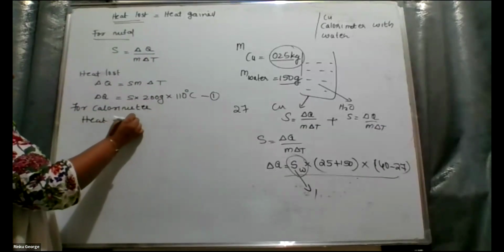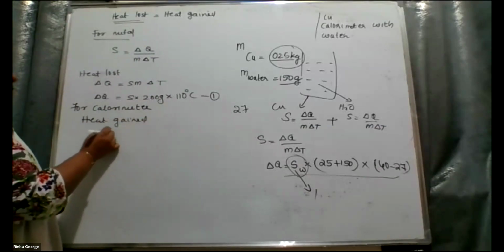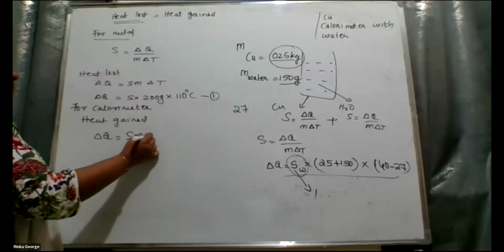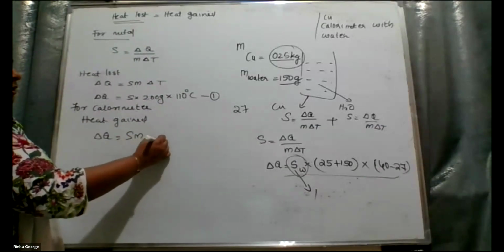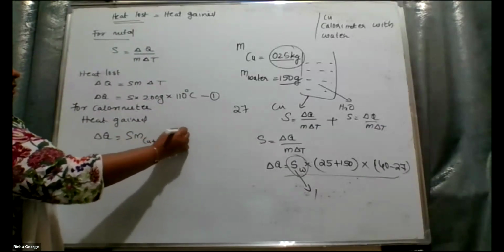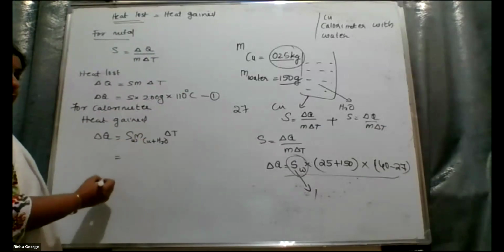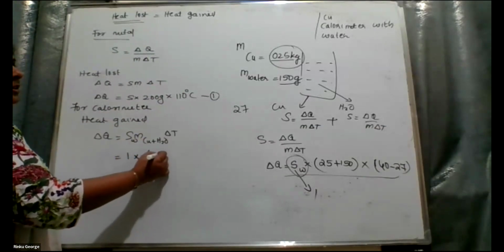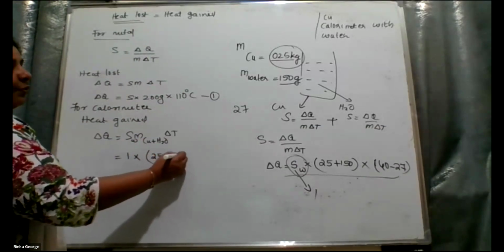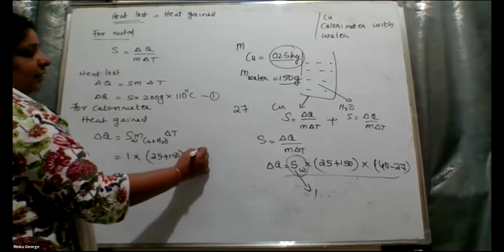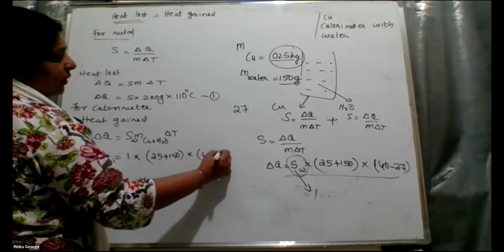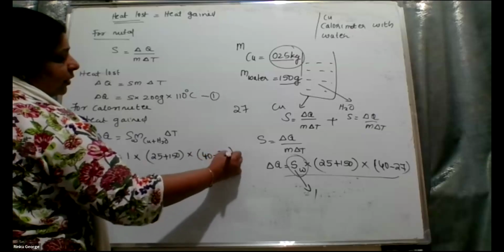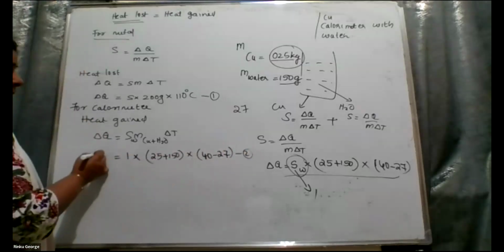Heat gain delta Q is equal to S times mass of copper plus H2O times delta T. Specific heat of water only you will take here. 1 into mass of copper and water, 25 plus 150, into delta T, which will be 40 minus 27. That will be equation 2.